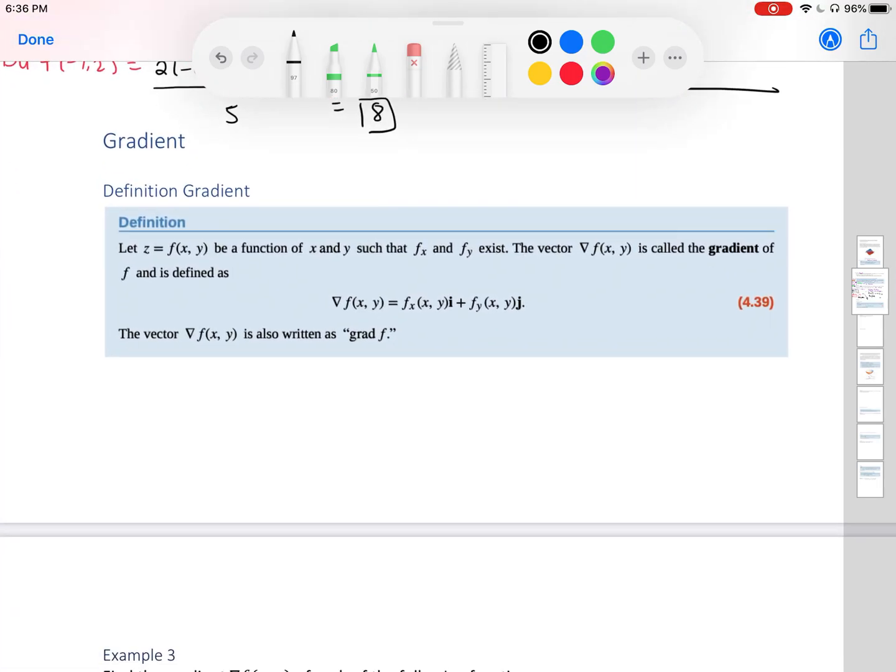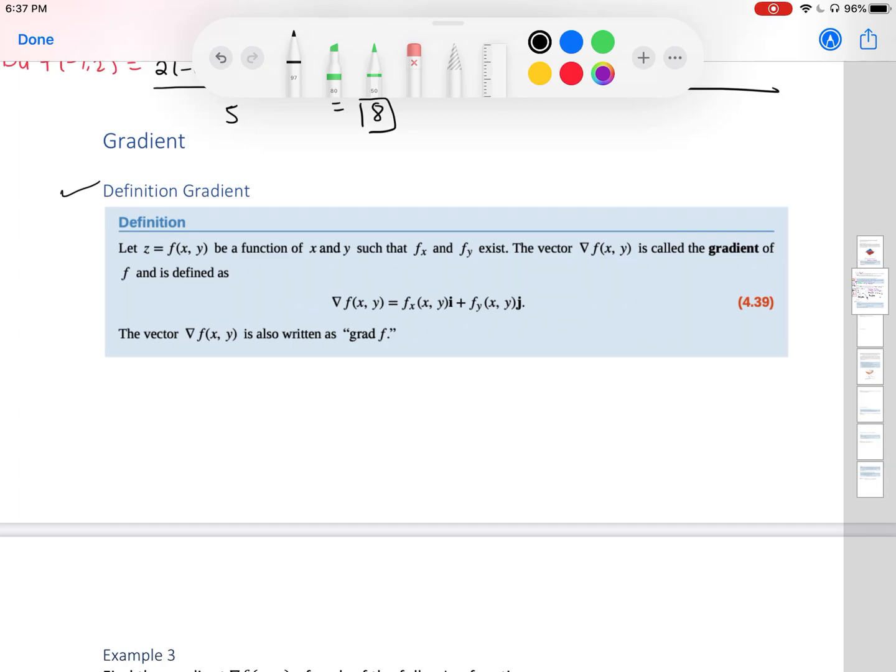The gradient. So the gradient is that rate of change along, for example, hills or waves. Let's read that definition of gradient. Let f of x comma y be a function of x and y such that the partial derivative of x and the partial derivative of y exist.